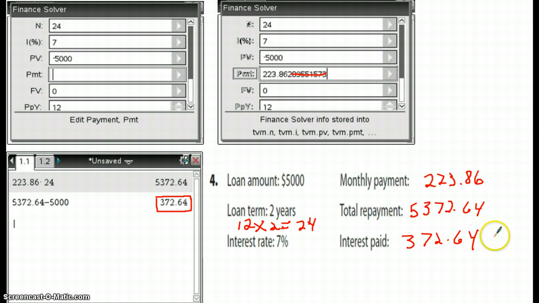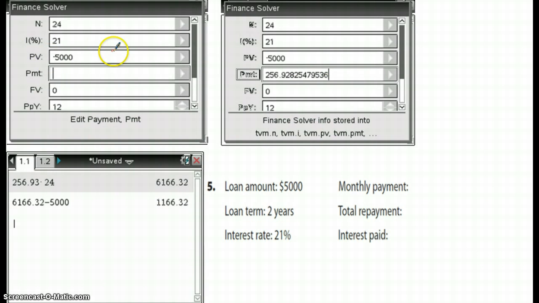Okay, let's take a quick look at problem 5. With problem 5, again, we have the same thing. He's paying for 2 years, so again I'm going to multiply 2 times 12 to get 24.